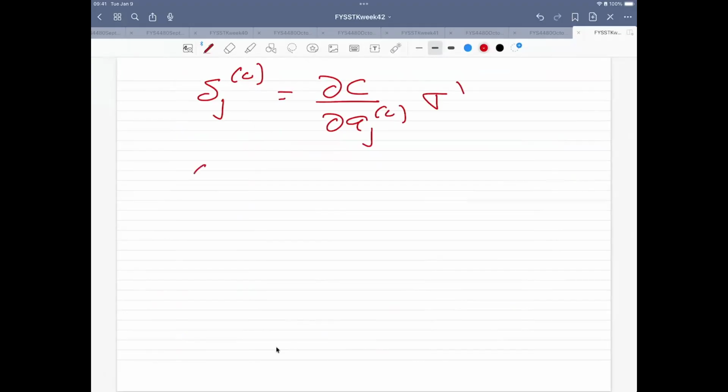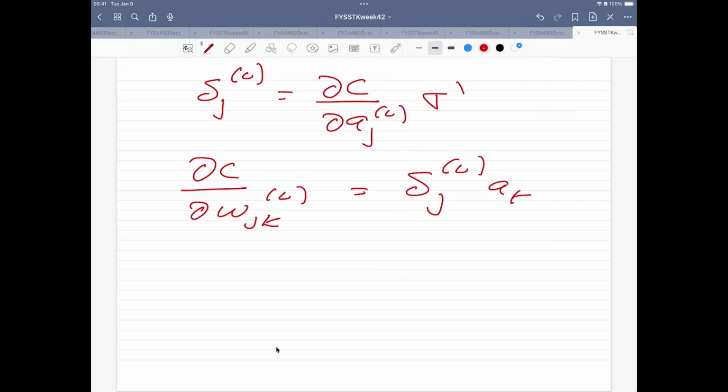So that meant that we could write dC/dw_jk of L in terms of delta_j of L times a_k of L minus 1. So that's the output layer, okay?